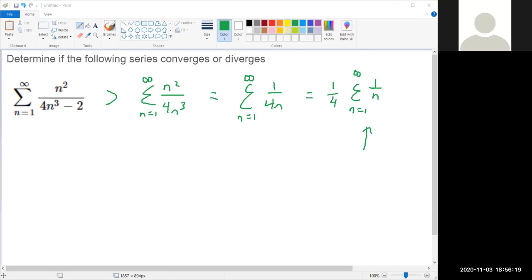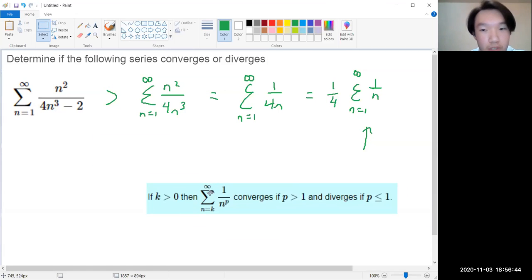Shouldn't it be divergent? Because it's equal to 1. Oh, yeah, it's divergent. So if you look back at the slide, let me just paste the slide back here. So here's the P series thing.